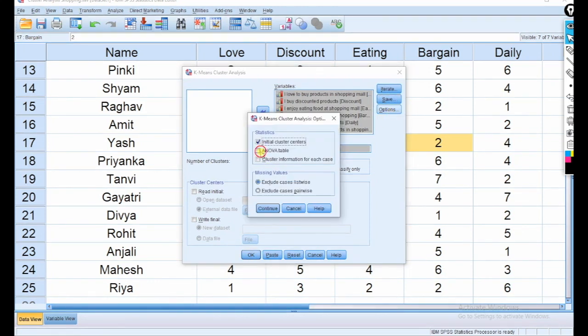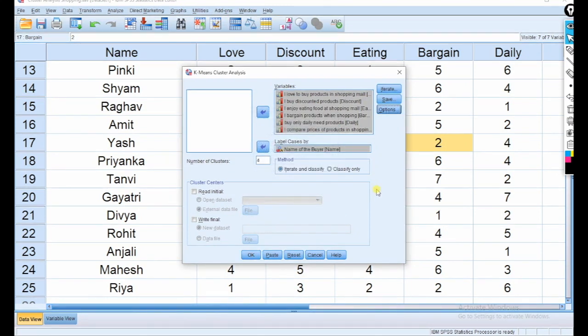Options: ANOVA table, cluster information for each case, and then continue. The number of clusters, only 3 clusters we need, and OK.